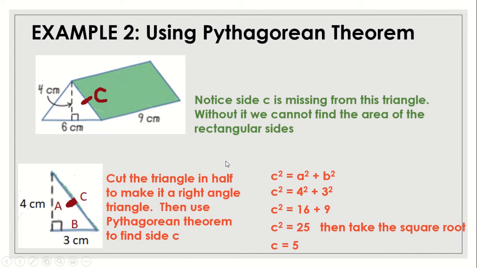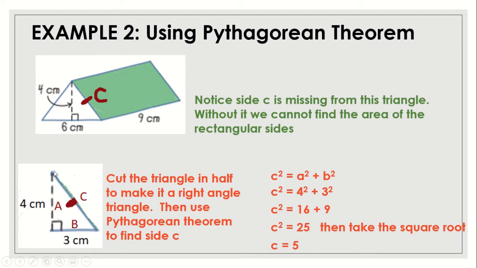All right, let's do another example here, except this time we're missing a side length. You can see on my original triangle, I don't have side C here. You won't see many questions like this, but you may need to calculate some. So here we go. I'm going to take just half of the triangle, and I'm going to redraw it down here.